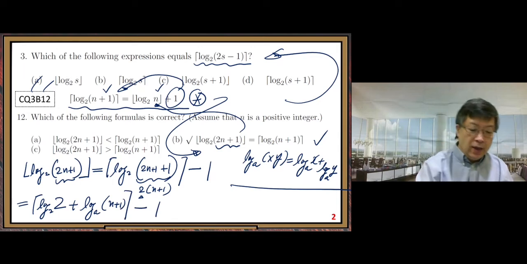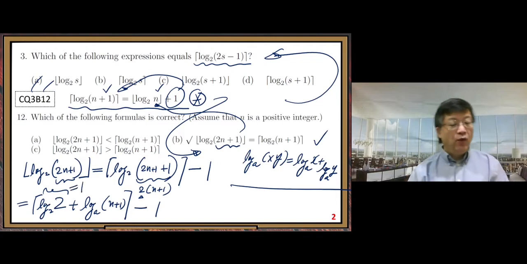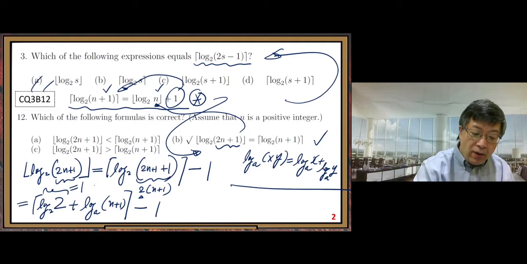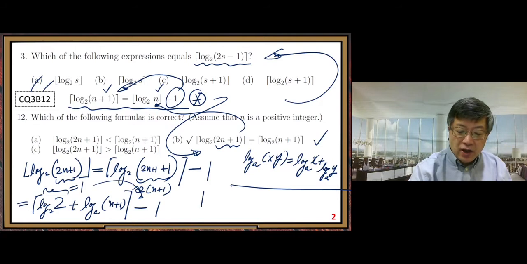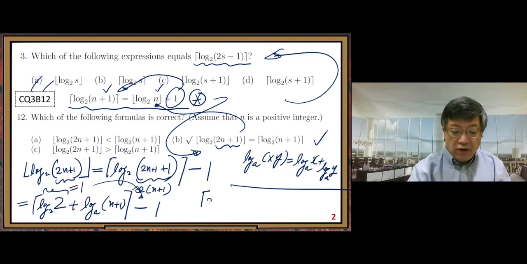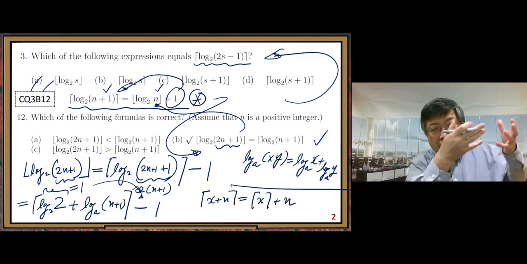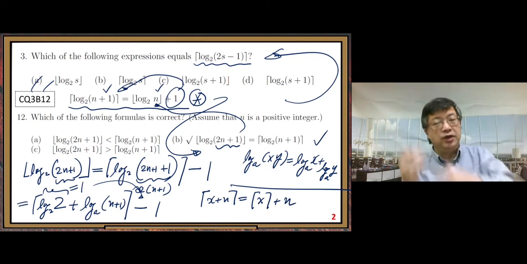Then log base 2 of 2, that's 1. 1 is an integer. An integer, we can pull it out of the ceiling function, right? Remember, the ceiling function of x plus n equals the ceiling function of x plus n. So we can take that integer n out of the ceiling function.